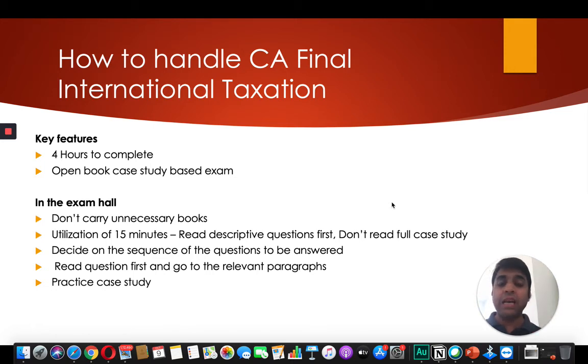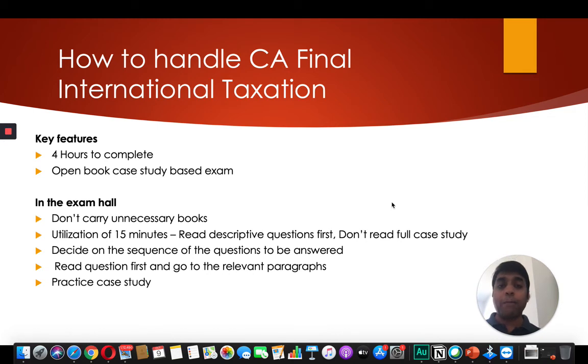Practice case studies before the examination, because when you are given a particular case study, international tax or transfer pricing, you need practice, because case studies can come from anything. Like in a particular case study, you will be asked a question on transfer pricing as well as on permanent establishment. So just understanding the laws, regulations and provisions will not be helpful.